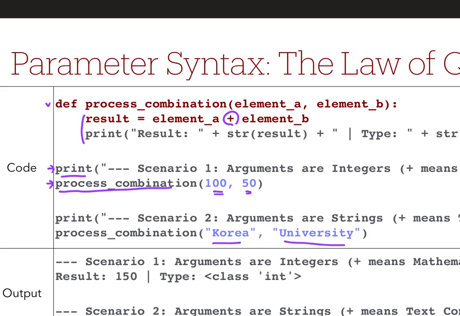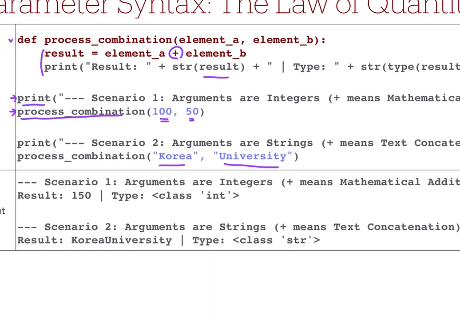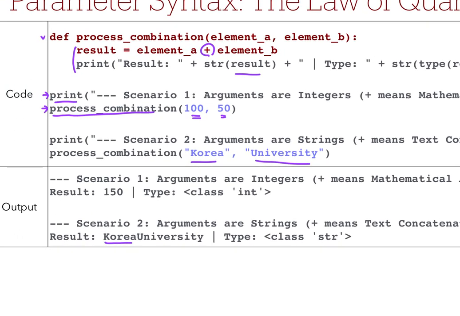So when I call this process combination with Korea and University, these 2 words will be concatenated to generate 1 text string. So when you print the value of the variable, then you will see this 1 text string.